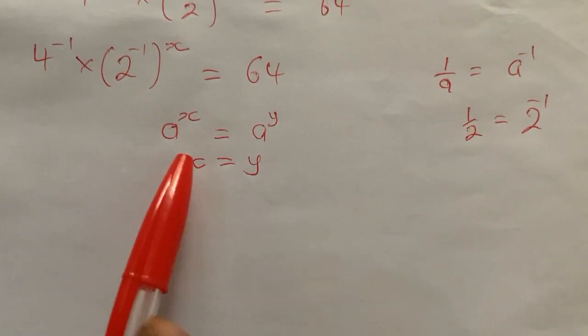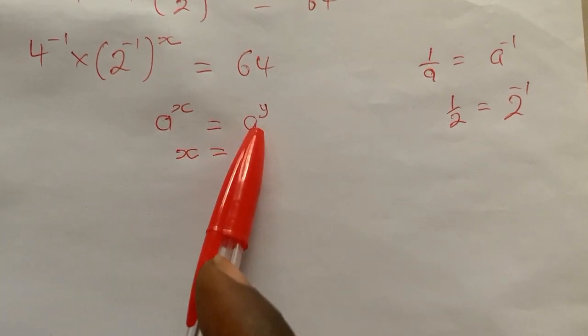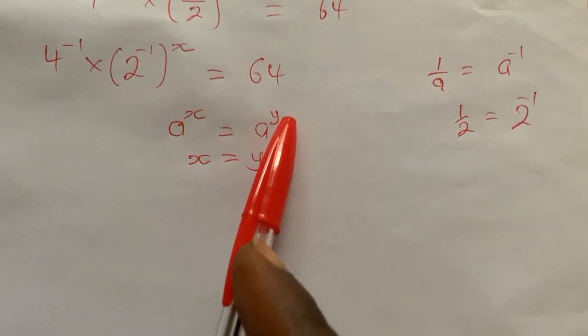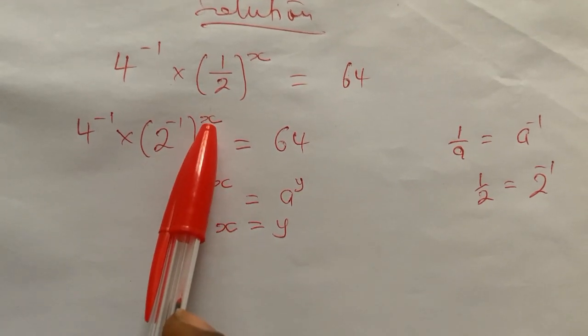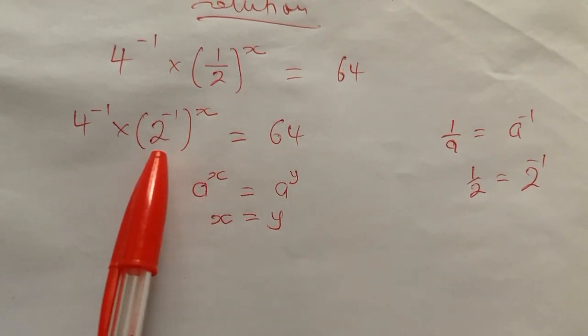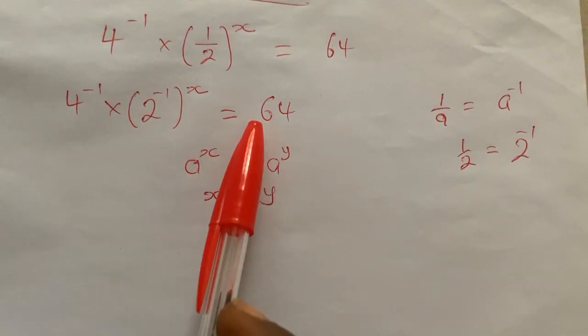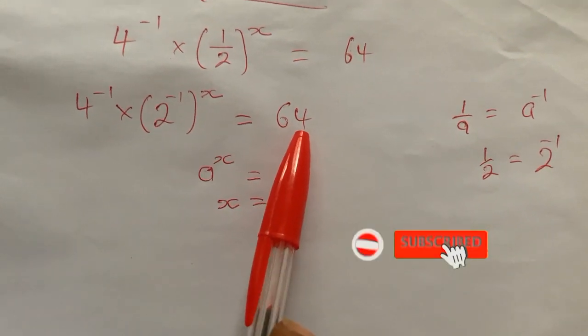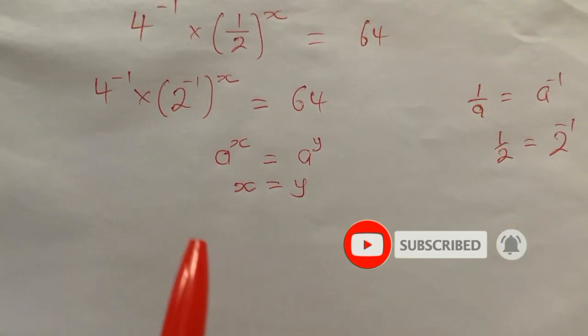So whenever we have exponential equations and the bases are the same, then we can also say the exponents are the same. Hence, before we will be able to find the value of x, we have to make sure that the bases in our left-hand side are equal to the base in the right-hand side. But at the moment, there are disparities in our bases, so we have to do something about it.